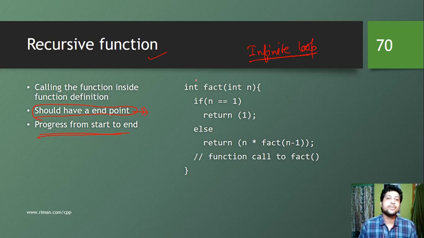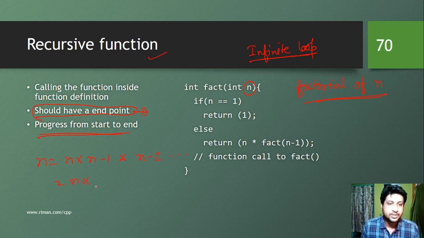So for that we have this particular example here. int fact(int n). This particular function will find the factorial of n. So what is the formula of factorial of n? n factorial is equal to n multiplied by n minus 1, multiplied by n minus 2, and so on.